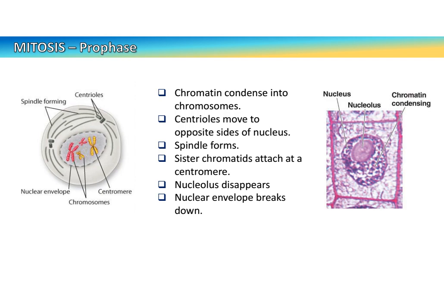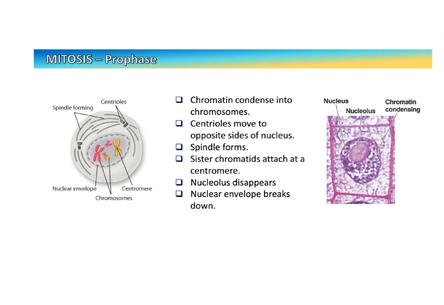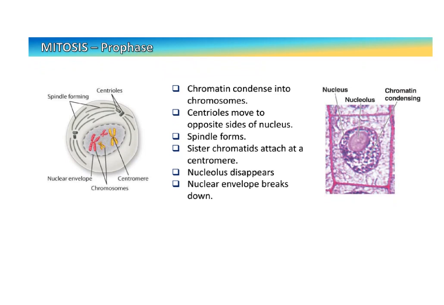For prophase, looking at the diagrams, the easy thing to remember will be the 2 C's. Sorry, one of it is wrong. The 2 C's that we are looking at, and the other one is the 2S and the 2N.